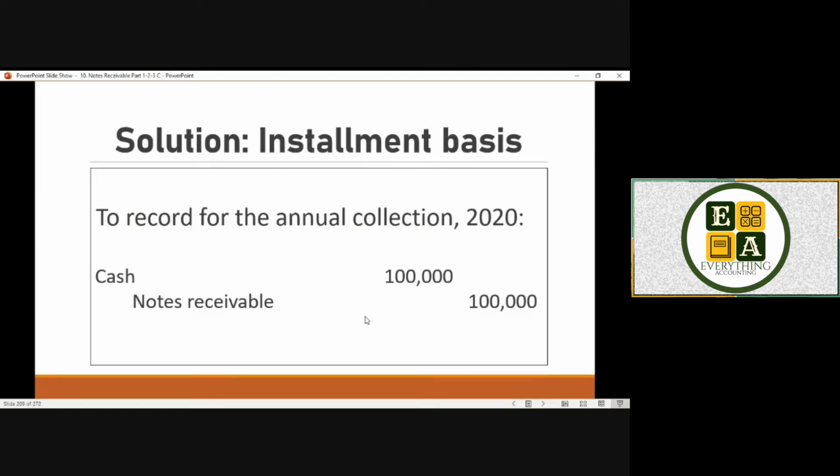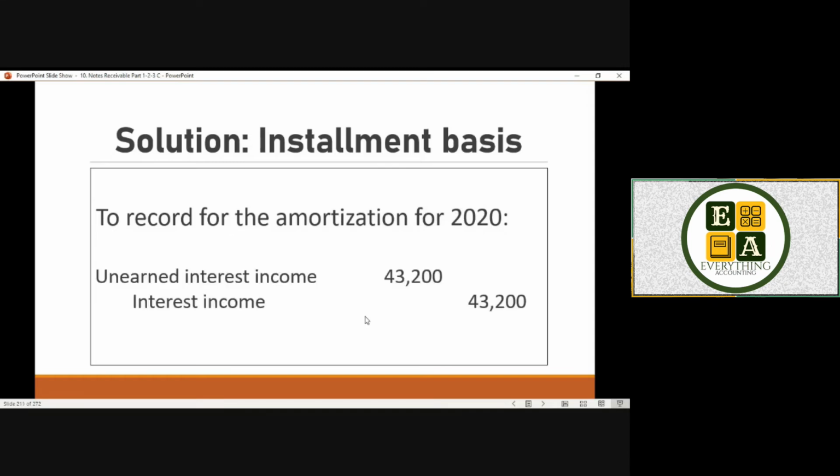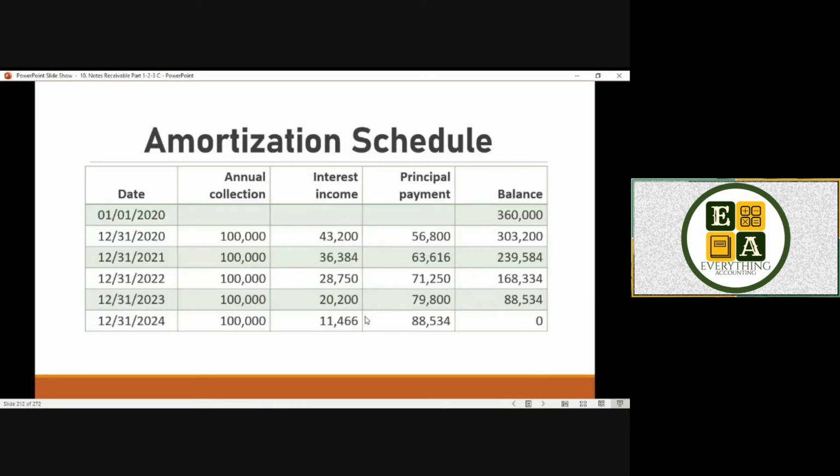Then to record the amortization for 2020, based on the amortization schedule, debit unearned interest income and credit interest income for 43,200. So that is the basis of the amortization schedule for 2020.